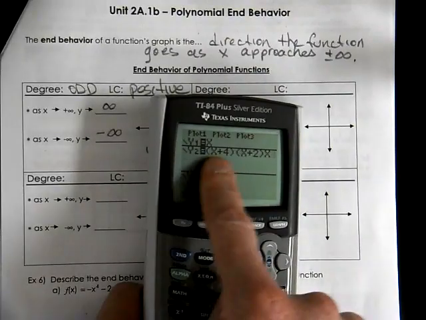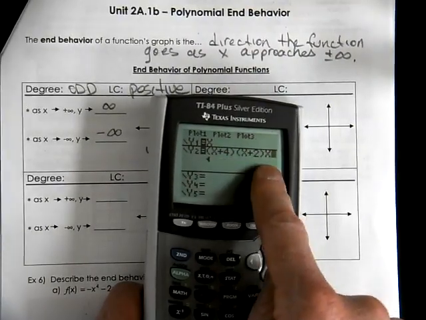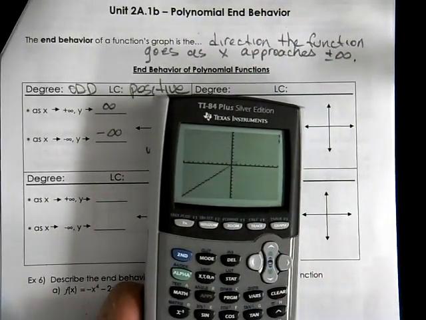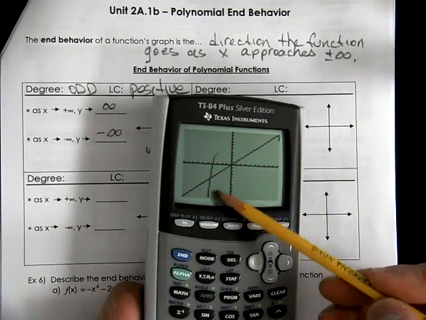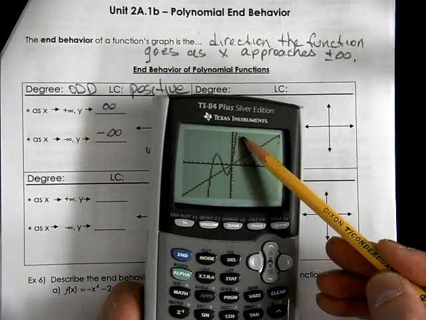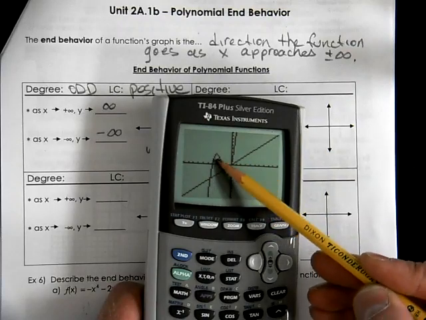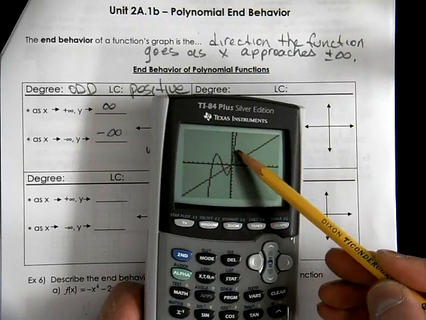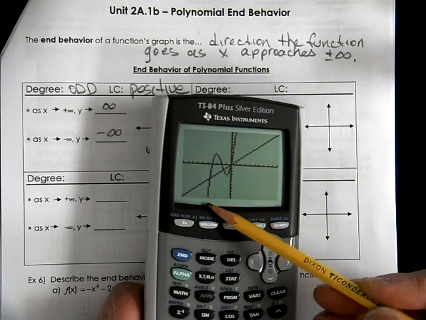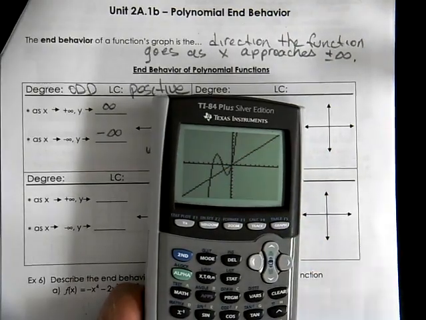Let's just pick those three x's, third degree. We have our linear, and then we go up, down, and up. There's going to be a lot of movement in the middle maybe, but eventually it's going to increase to the right and it's going to fall to the left. Every odd degree.